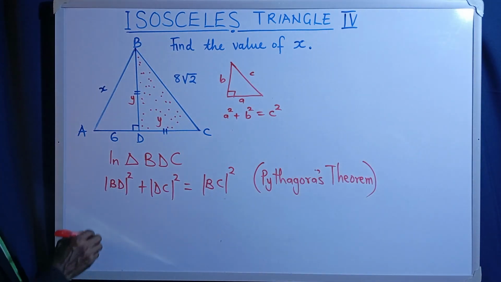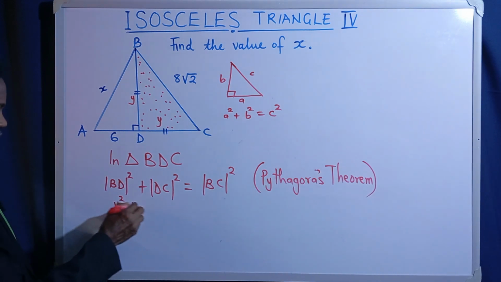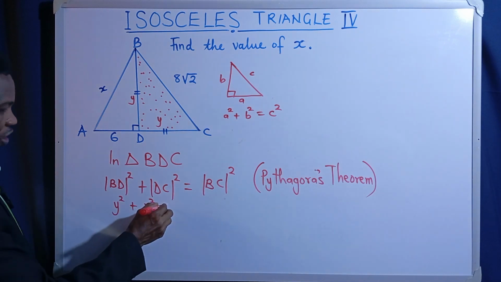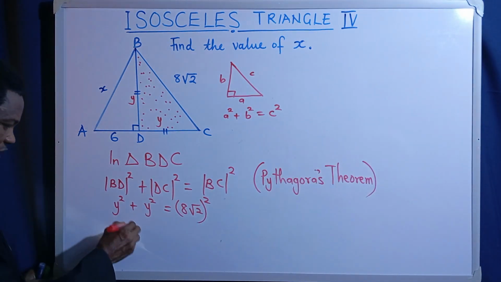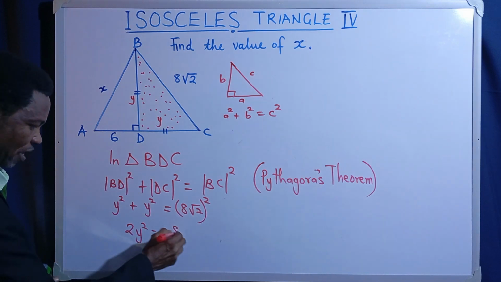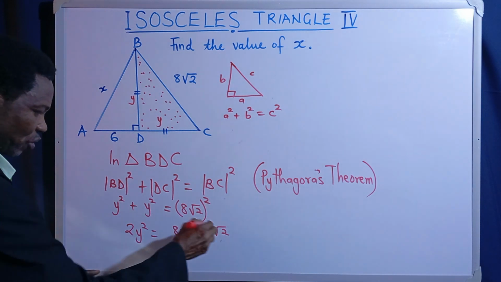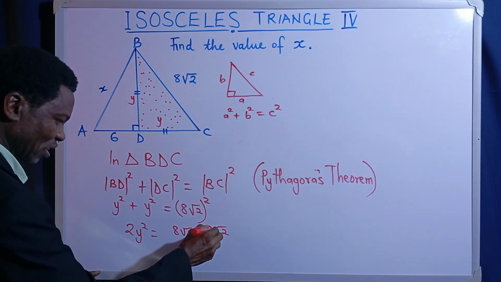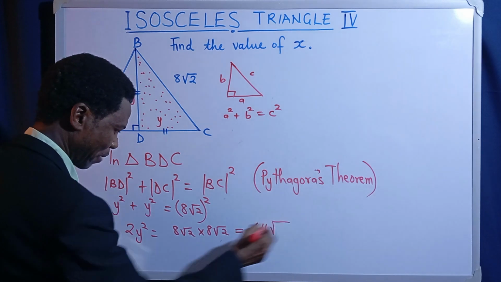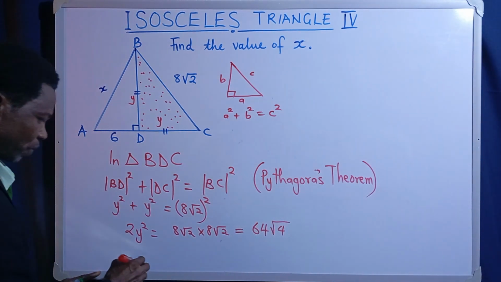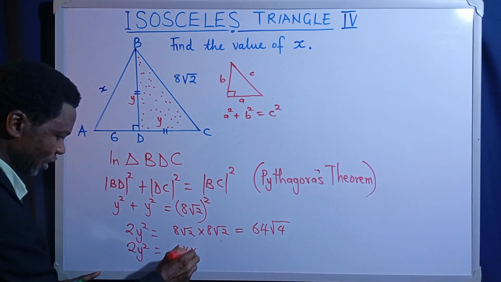If we use that, we have y square plus y square equals 8 root 2 all square. So y square plus y square, that is 2y square, is equal to 8 root 2 times 8 root 2. That is the same thing as 64 multiplied by root 2 times root 2, that is root 4, to give us 2. So 2y squared is equal to 64 times 2.